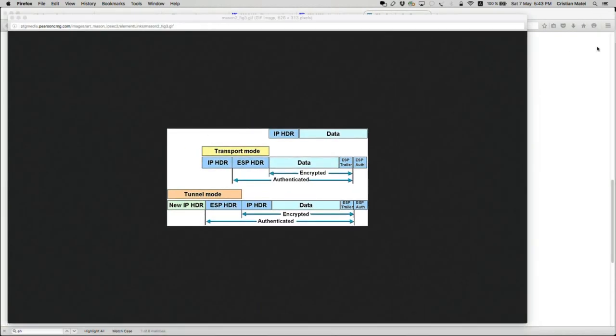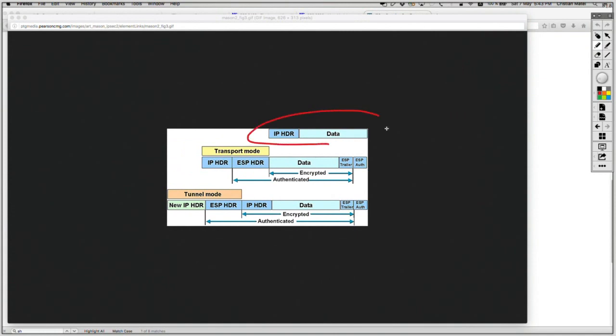So this is the original packet, the layer 3 header and the payload, layer 4 and the data. If we use ESP in transport mode, then as you can see, ESP is going to containerize between a header and a trailer just the payload, the data, and the original IP header is being preserved.